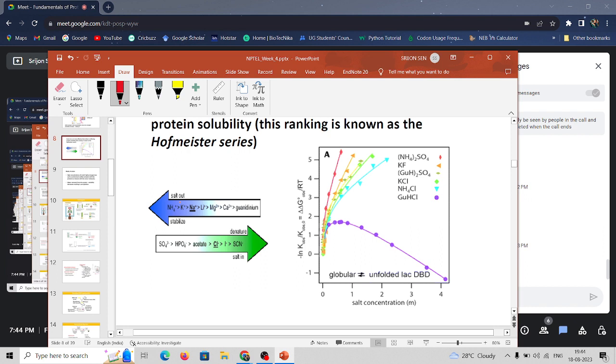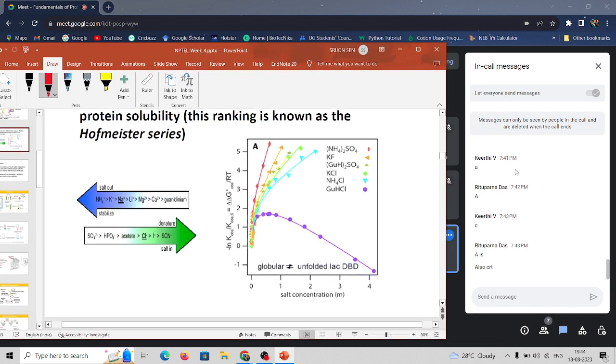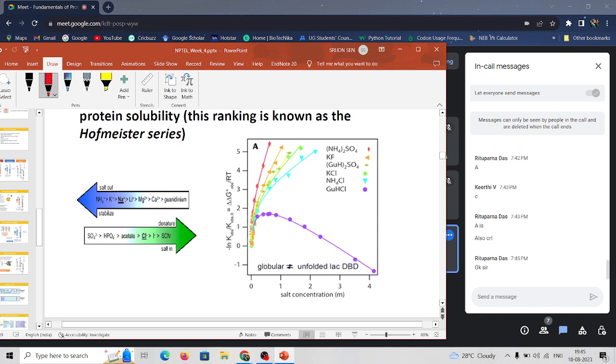See, for salting out, you are using ammonium, and when you are increasing this, it is salting in. So this one is for salting out, this one is for salting out, this one is for salting in, this one is for salting in. So that's why ammonium sulfate. Understood? You have to choose only one. Now we also have sodium, but that is in the medium range. But the highest one is ammonium sulfate.